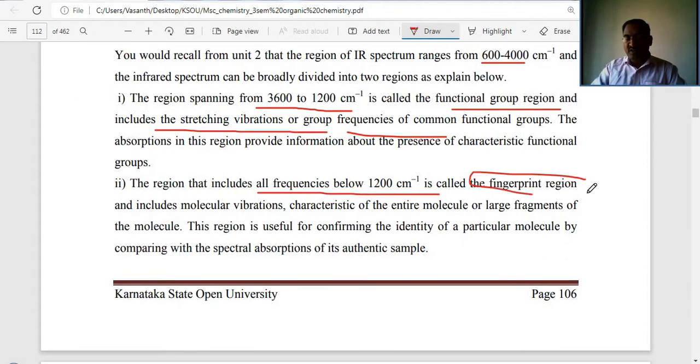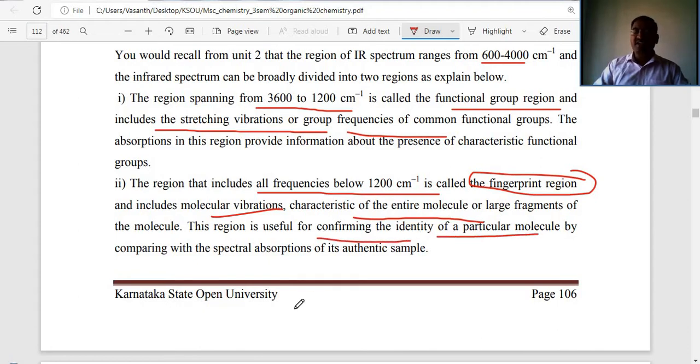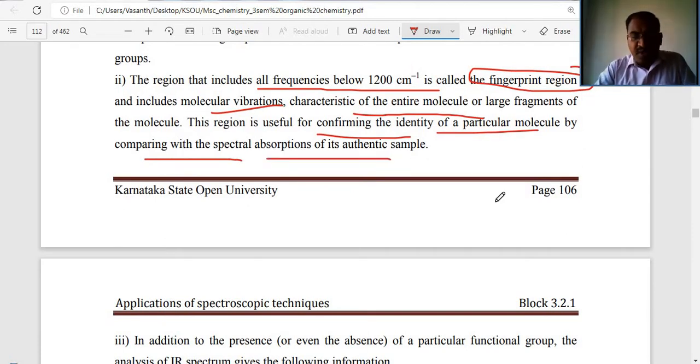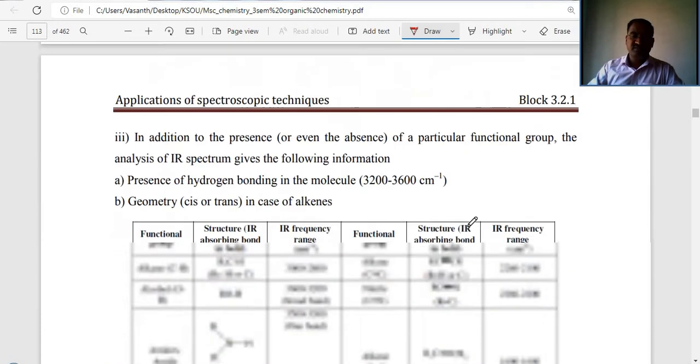This is a very important region. The fingerprint region includes molecular vibrations characteristic of the entire molecule or large fragments of the molecule. This region is useful for confirming the identity of a particular molecule by comparing with the spectral absorptions of its authentic sample.